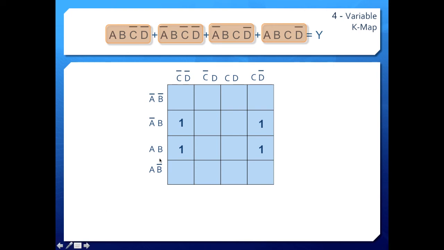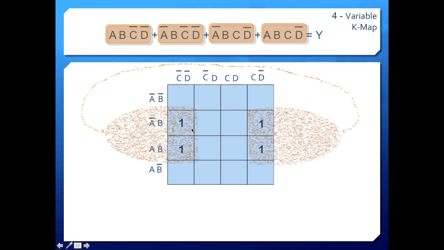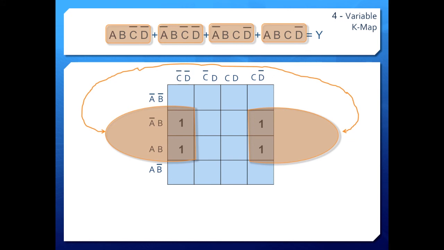Now you might think right off the hop that, well, we simply have to loop these two sets of ones. But what's interesting about the K-map is that if you think of it as a flat piece of paper, we can actually connect those two groups of two on either end and connect them as a group of four.